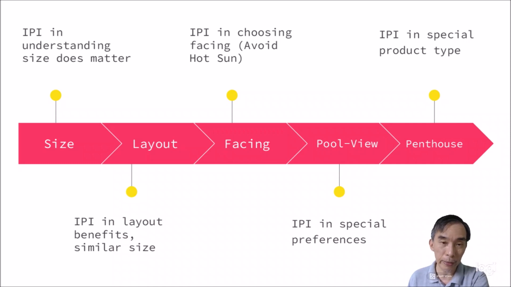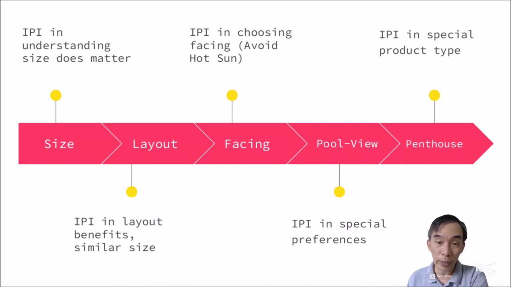So in my conclusion, we have gone through the analysis of IPI in understanding how area sizes of the units matter in the selection of property, and similarly factors like layout, how many rooms, how many bathrooms, and how many car parks. IPI takes this into consideration, and therefore the ranking of IPI can clearly show you the benefits of having more layout. IPI also analyzes the facing north south, as we have seen just now.